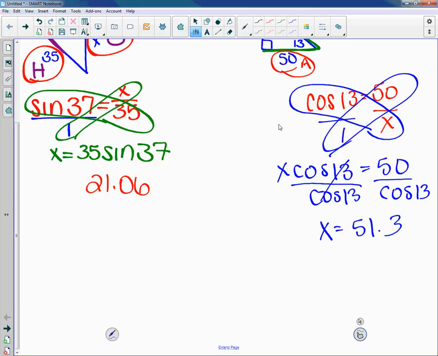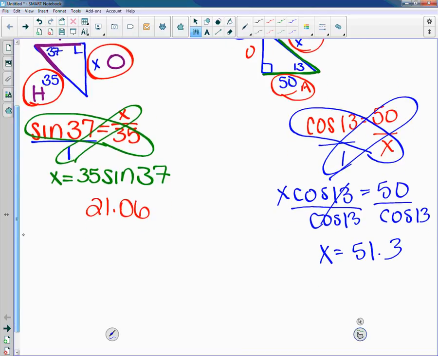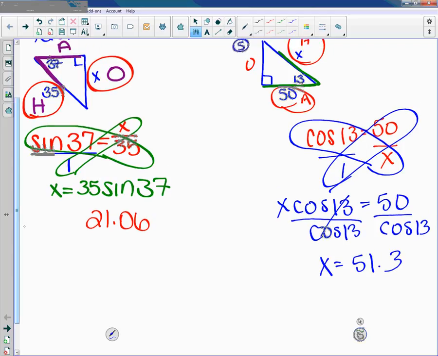If the x is at the top, all you have to do is swing the 35 over to the other side. Is everybody with me? If the x is at the bottom, you do a switch.